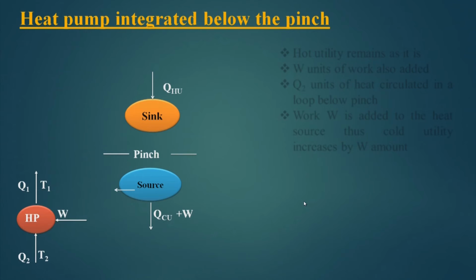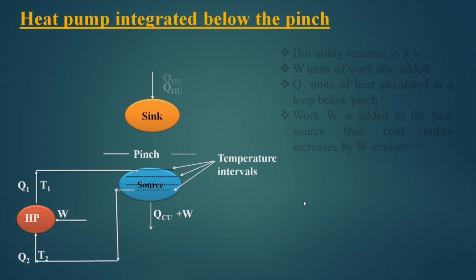If a heat pump is integrated below the pinch, here at a lower temperature level I am picking up Q2 amount of heat and then pumping it at a higher temperature level T1 and spending W amount of work.